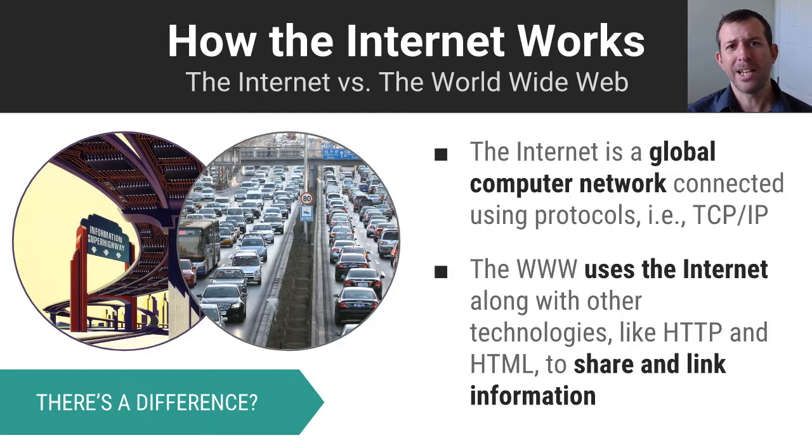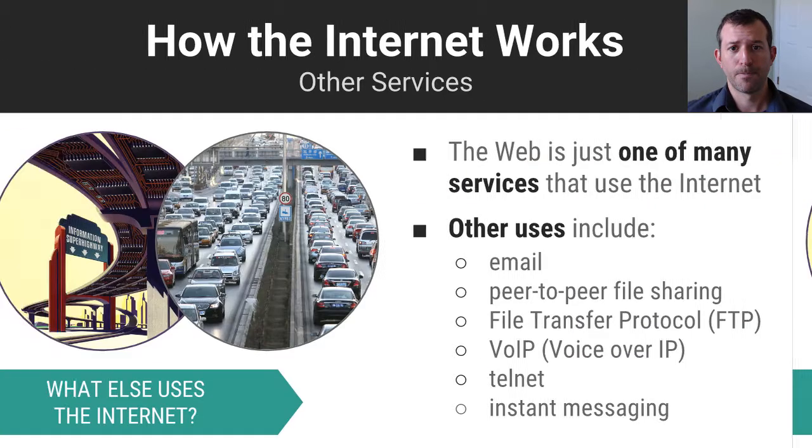So the internet is a global computer network in which computers are connected using a common protocol, TCP/IP, whereas the World Wide Web uses the internet along with the technologies created by Berners-Lee so that we can share and link information. Remember, the World Wide Web uses the internet. The internet is sort of like the plumbing. It is the highway, but the www are like the cars.